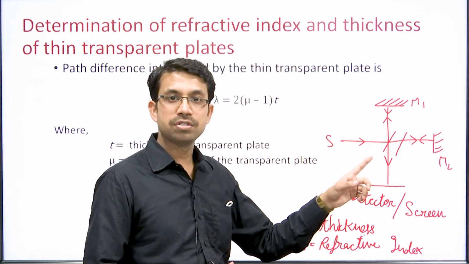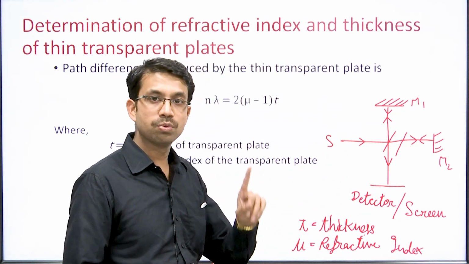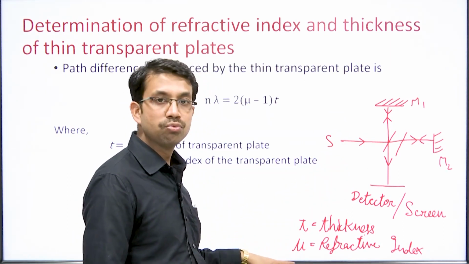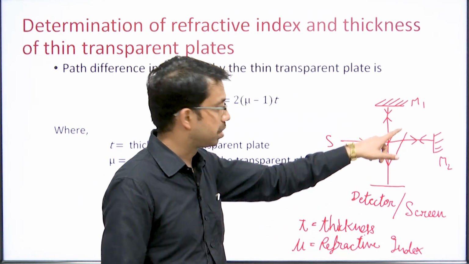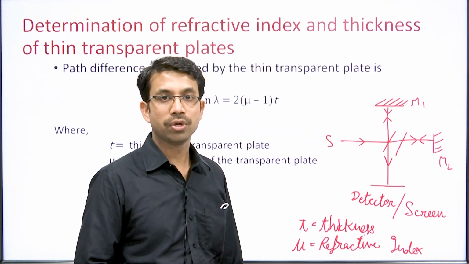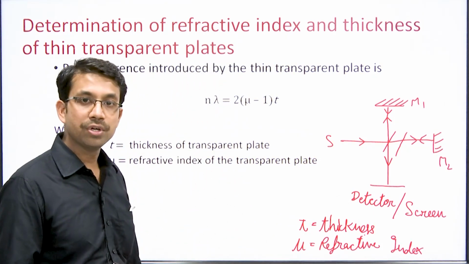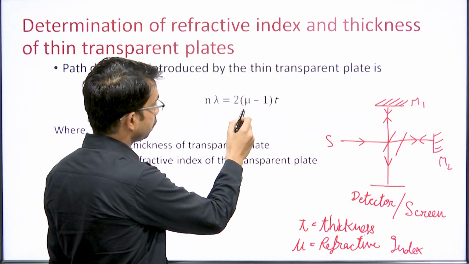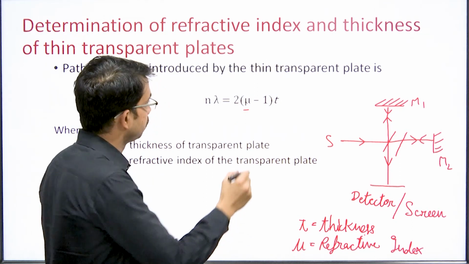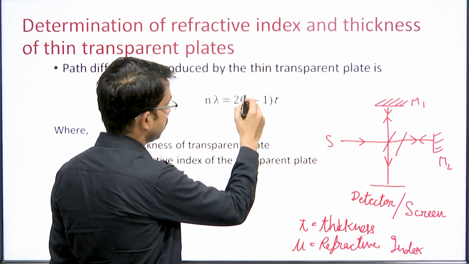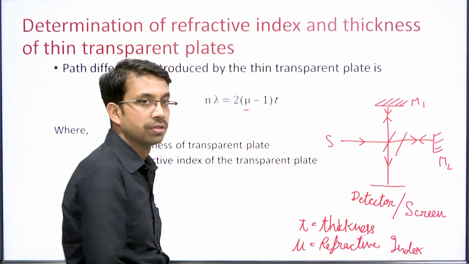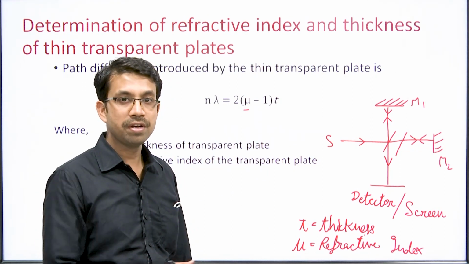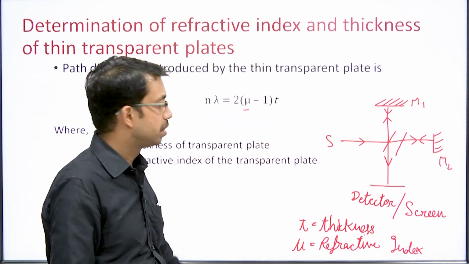Earlier the light ray was travelling through refractive index 1. Now, the light ray is travelling through refractive index mu for this distance t. In this way we can calculate the path difference. So, what is the path difference? (mu minus 1) into t. This is the path difference that is introduced when we keep this glass plate in the path of this light ray.